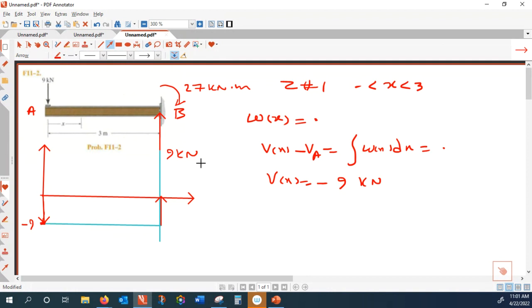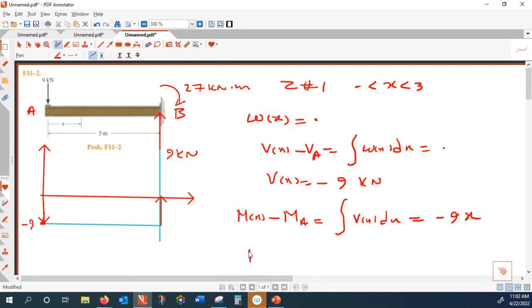Okay, what will be the next step? The next step is to find an expression for M of x. So M of x minus M of a, that is equal to the integral of V of x dx, which is -9x.